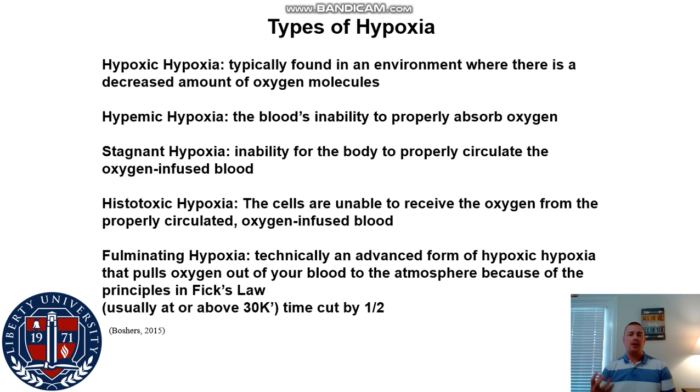You have a higher concentration in your blood, particularly in a decompression event, than what's outside, and then your body's instantaneously, or over a very short duration, up to 10 seconds, exposed to this really high altitude, and therefore the high concentration of oxygen in your blood moves to the low concentration in the atmosphere, and it actually will reduce your time of useful consciousness by a third all the way up to a half.